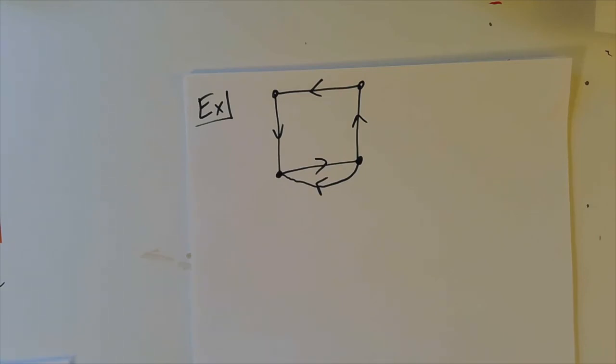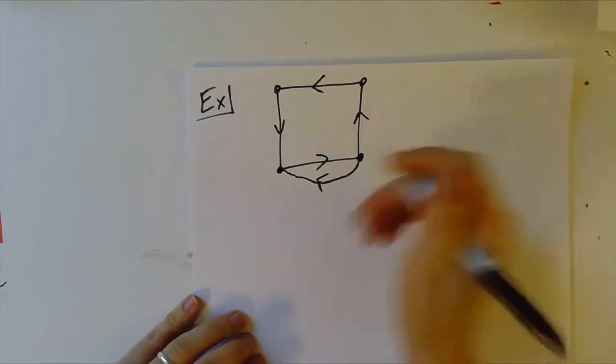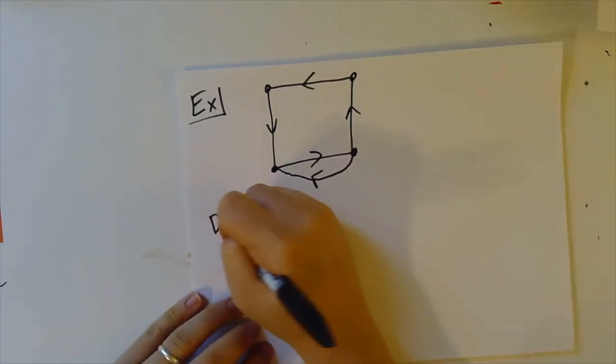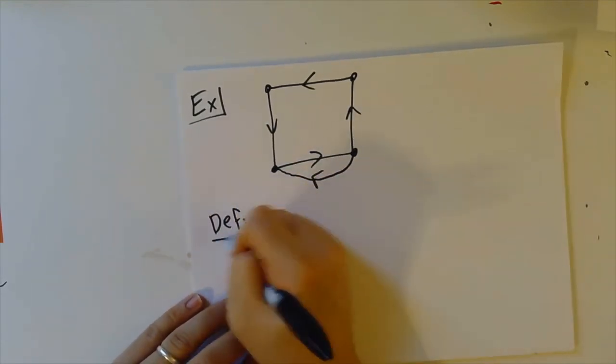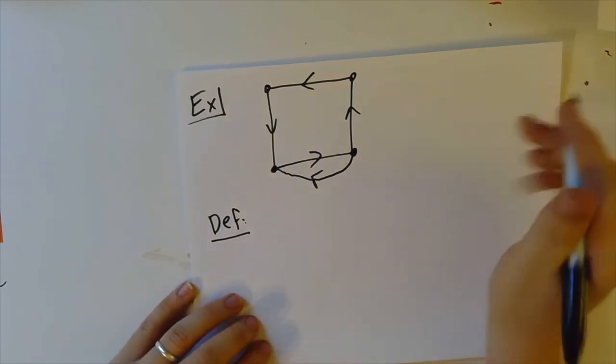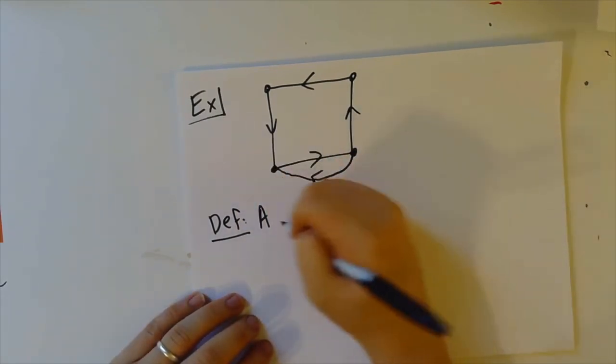Okay. The one word I wanted to mention that does not work the way you would hope is the word connected. And so, in particular, if someone says a digraph is connected, they don't mean the thing you think they do.